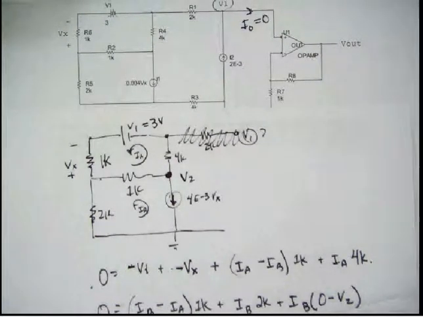We can combine like terms. We've got IA 2, 6. So IA 6k minus IB 1k. One equation there.